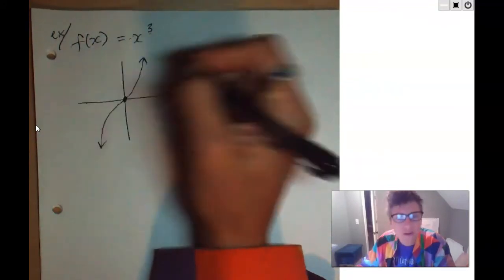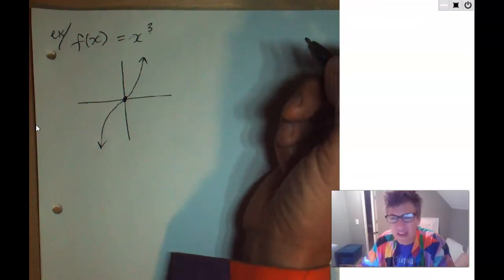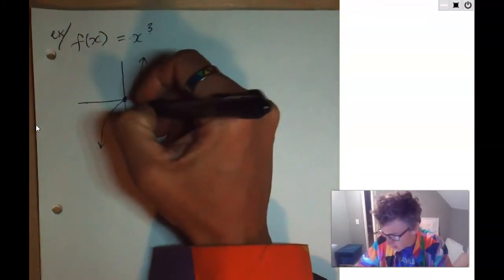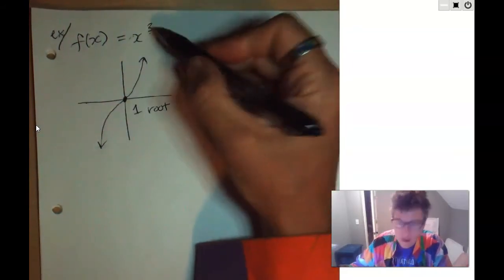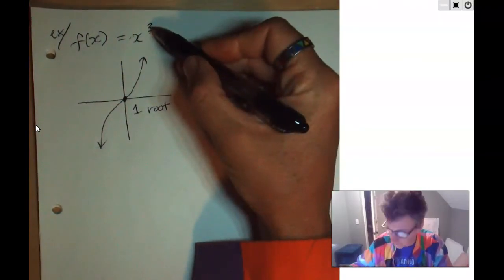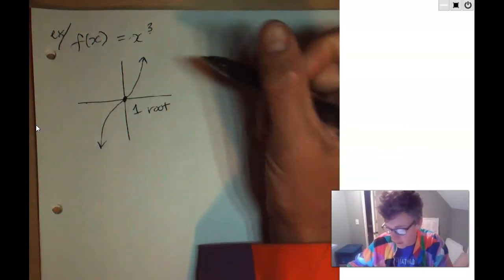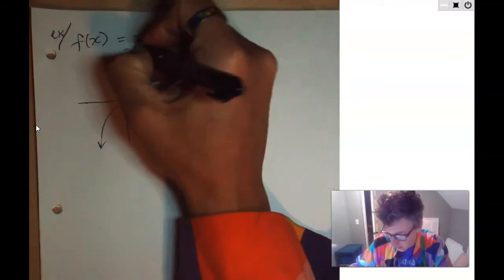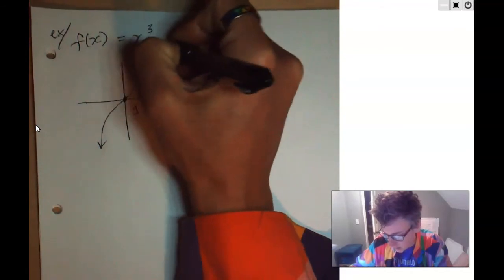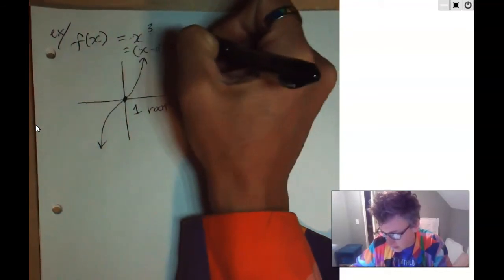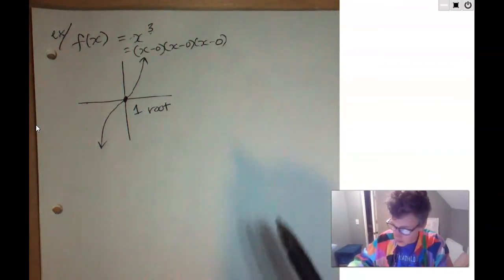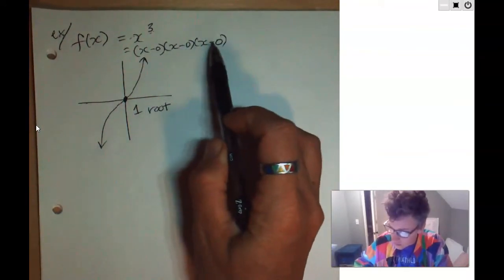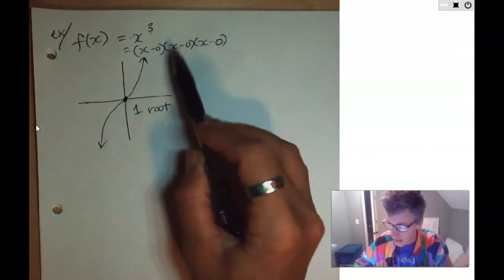What? We only have one root? We're supposed to have 3 roots. This is a cubic function. Well, if we did factor this, this would come from x minus 0 times x minus 0 times x minus 0, which means for all of these factors we would get an answer of 0.